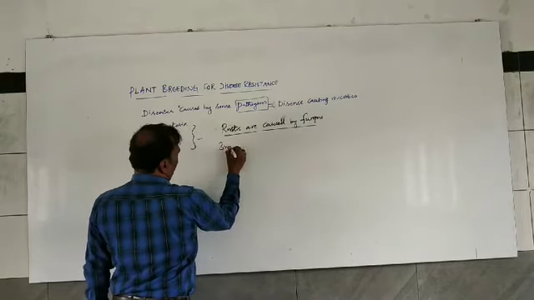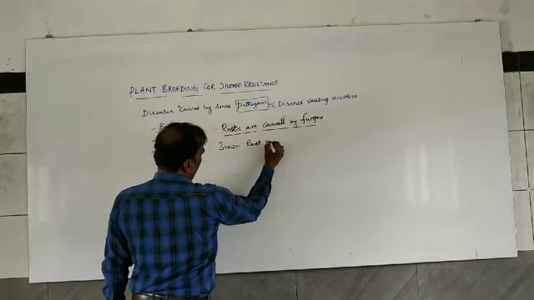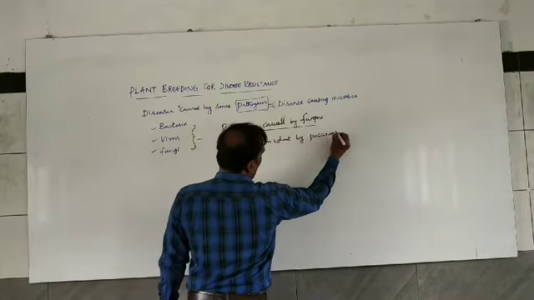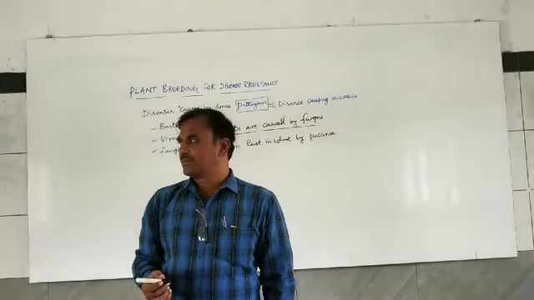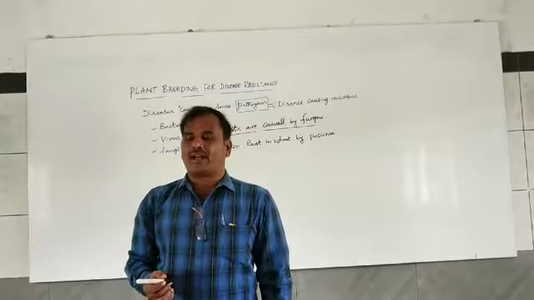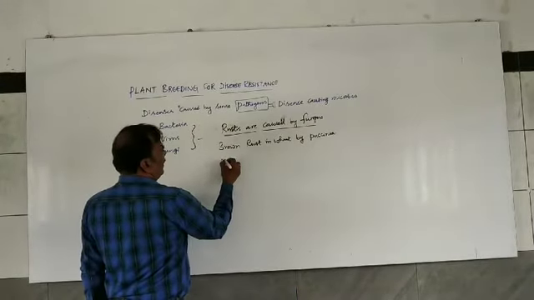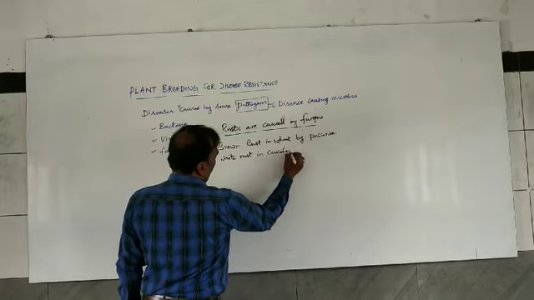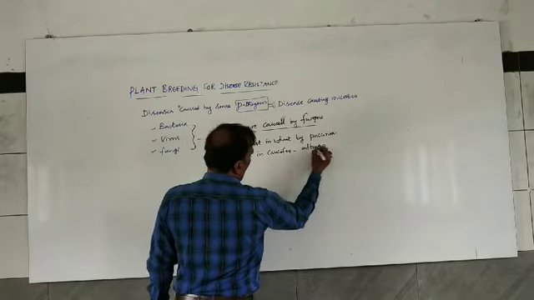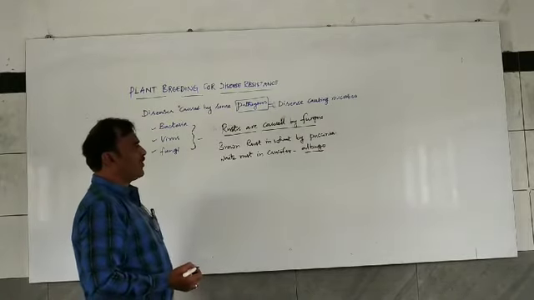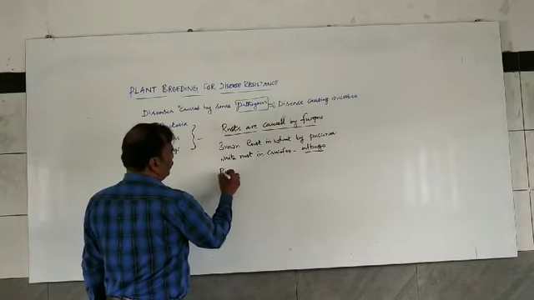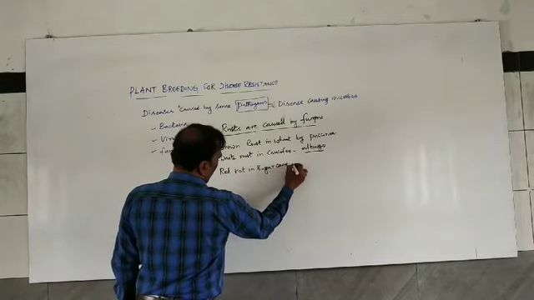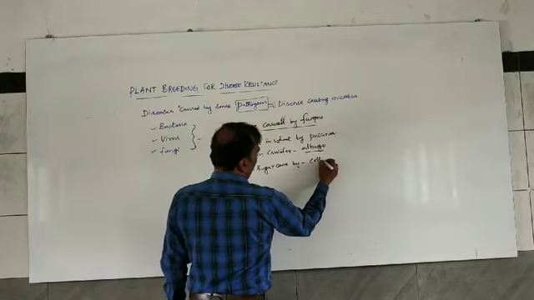Brown rust in wheat by Puccinia. White rust in crucifers by Albugo. Red rot in sugarcane by Colletotrichum.